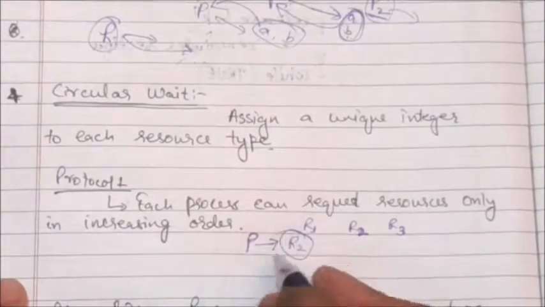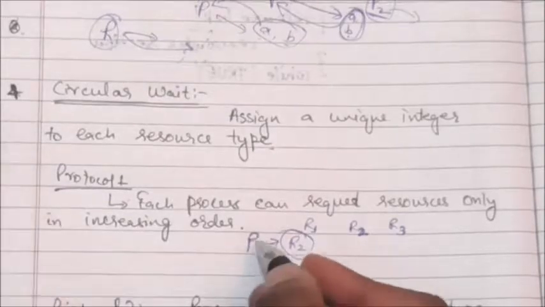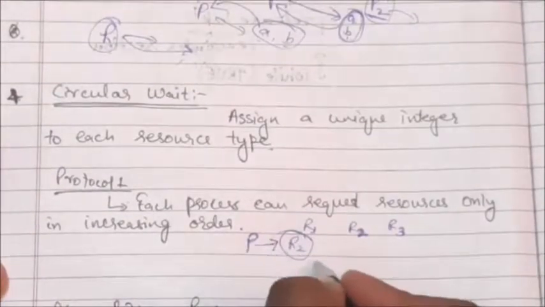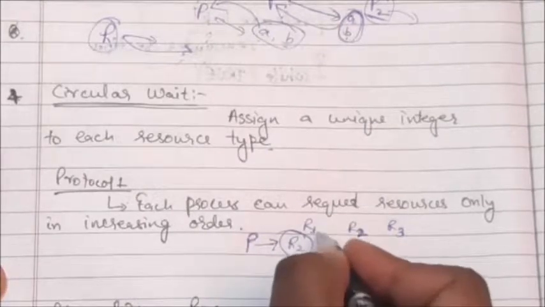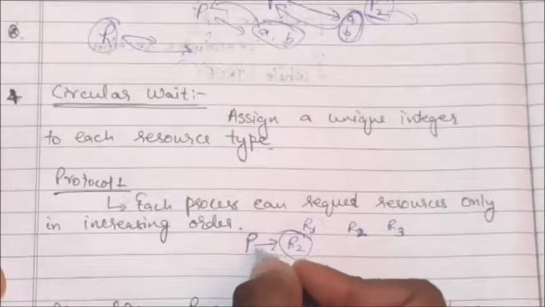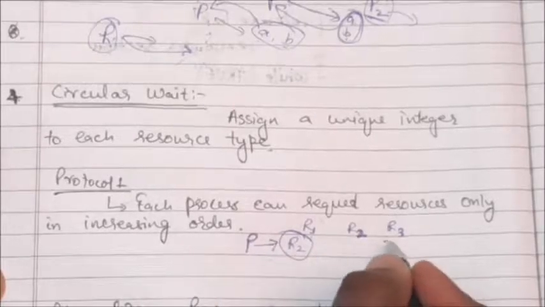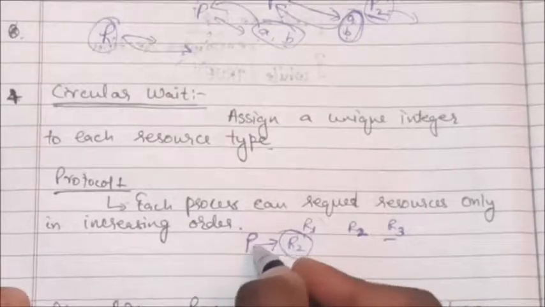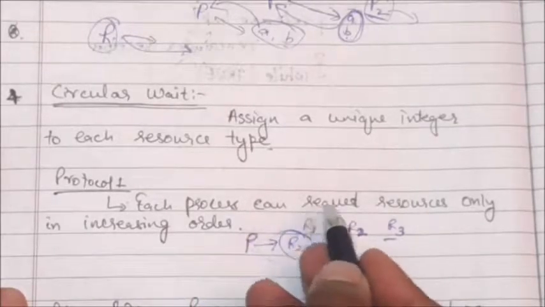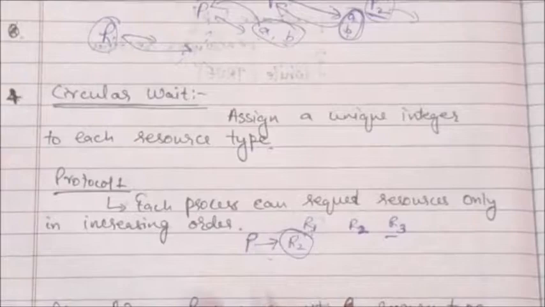Then after that, process P cannot request the resources of resource type R1. It can request only resources of resource type R3, because the process can request resources only in increasing order.